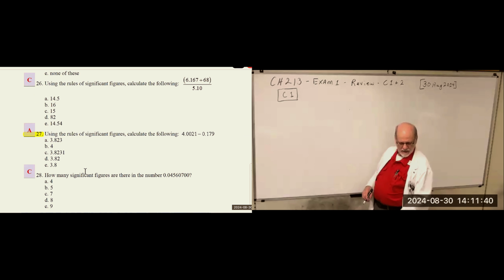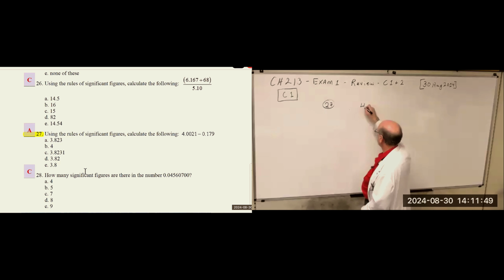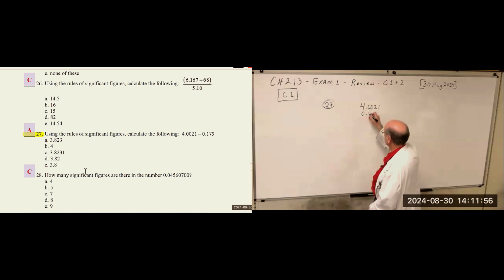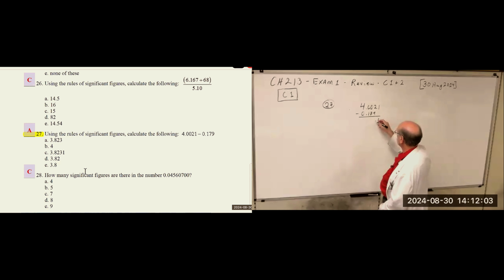All right. So we're going to subtract these two numbers: 4.0021 and subtract 0.179, and see what the answer is. 0 from that's 1, 3, yeah, 7 from 9 is 2, and 1 from 9 is 8, 3.